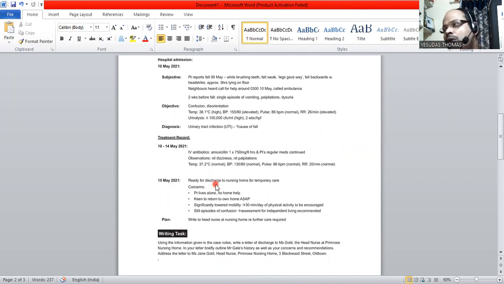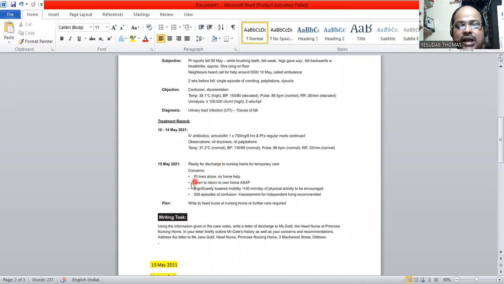He could have gone independently, but because of this condition, because of the hospitalization, because of the fall and related things, he became too weak, and we have to see that he had significantly lowered mobility.